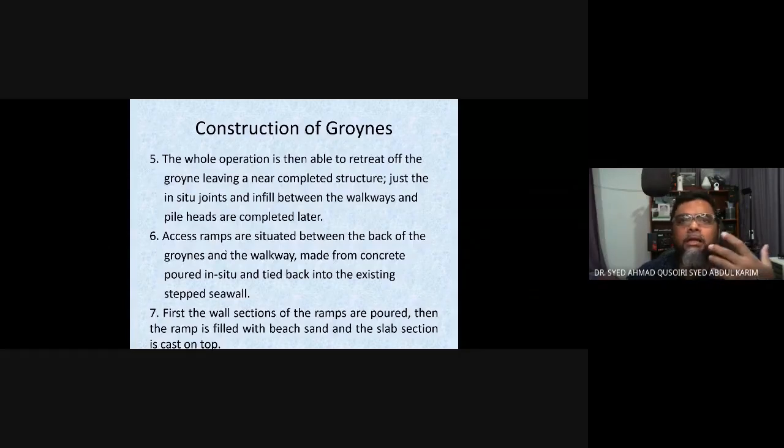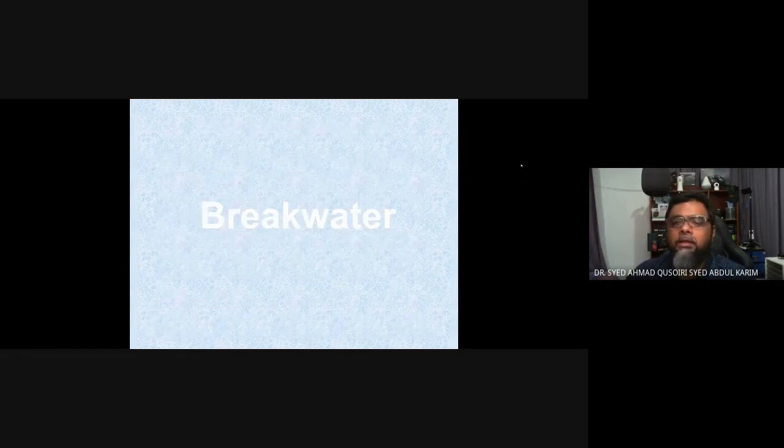Yang lain tu adalah pembinaan ramp, platform, sama ada in situ ataupun dia dah ada precast concrete section untuk walkway, laluan pejalan kaki. Okay, the third type, breakwater.